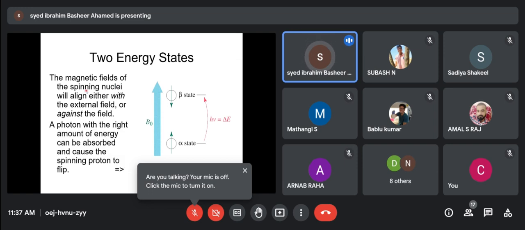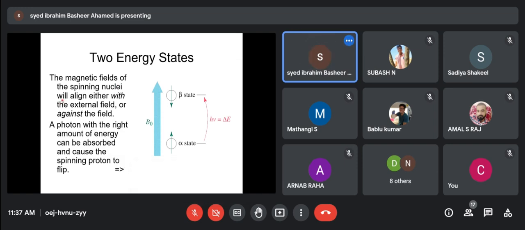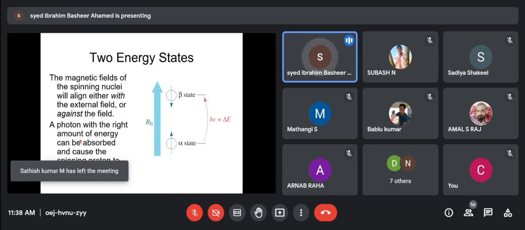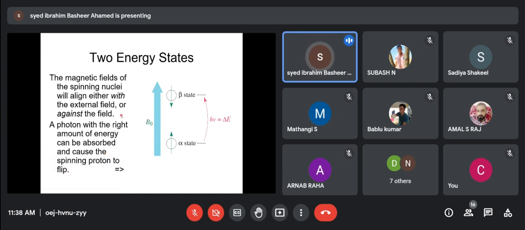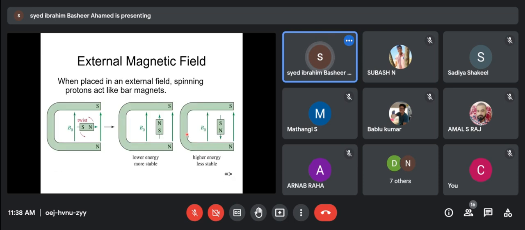The magnetic field of the spinning nuclei will align either with the external field or against the magnetic field. A photon with the right amount of energy can be absorbed and cause the spinning proton to flip. So there are only two cases.